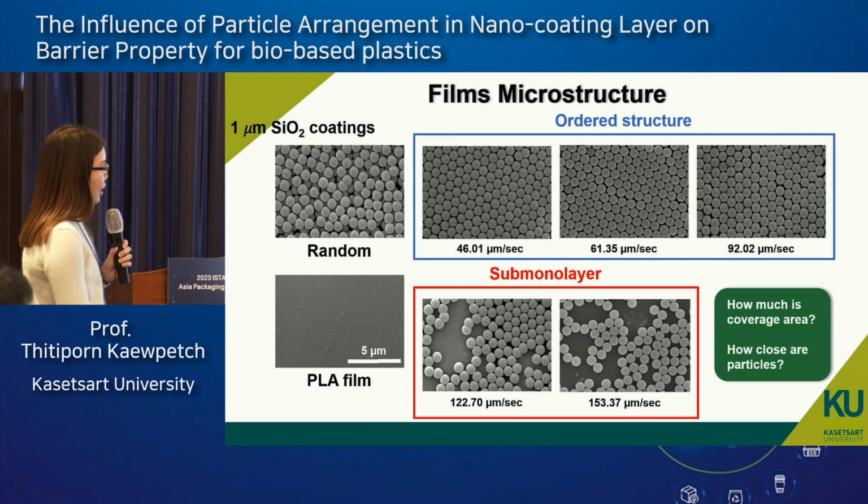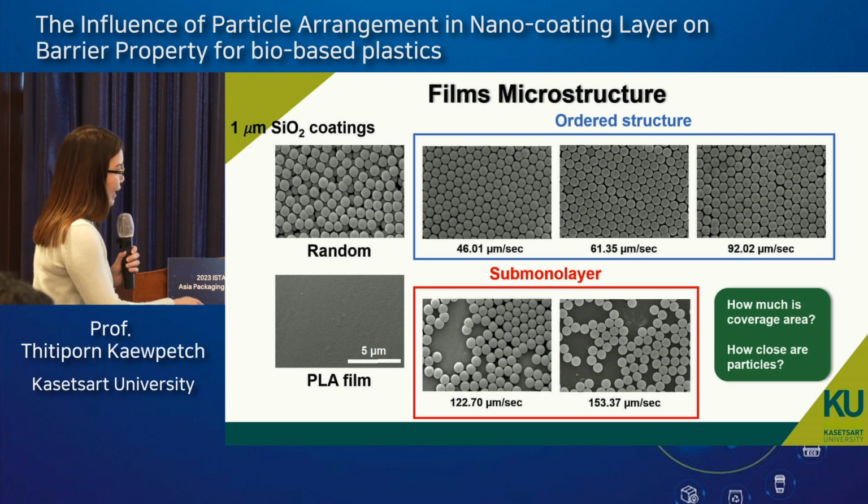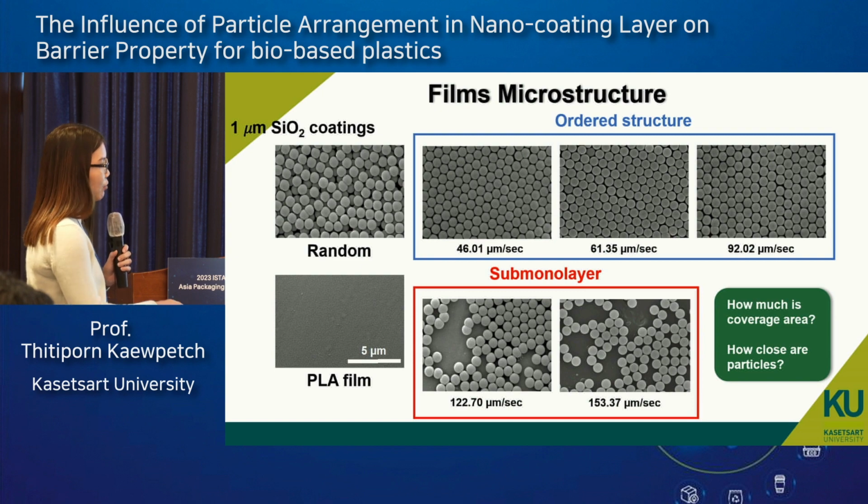Coming back here, as you can see, we have submonolayers, even though we have an ordered structure. But how can we know how close the structures are, or how much the coverage area is?